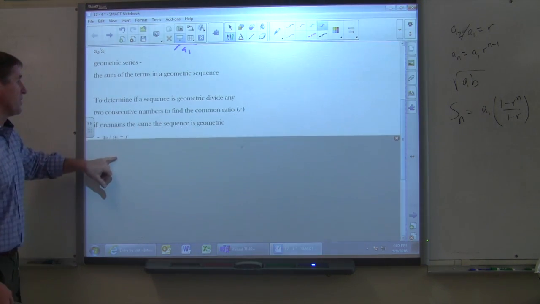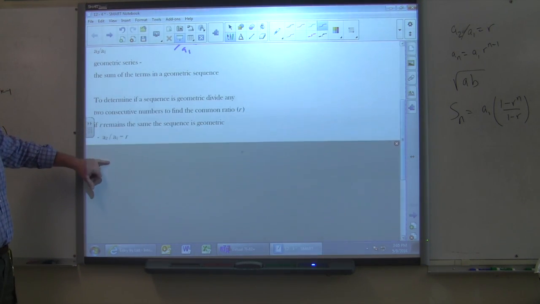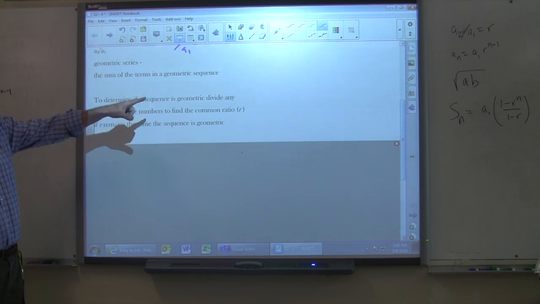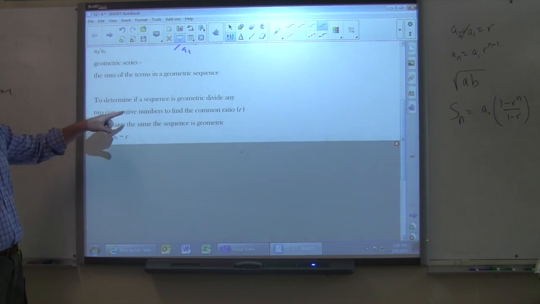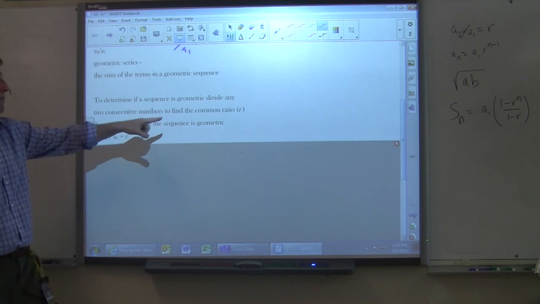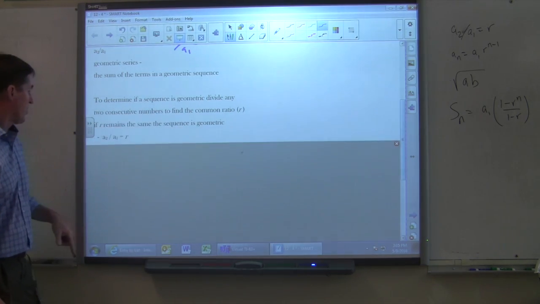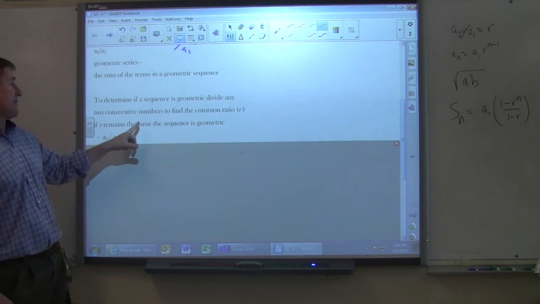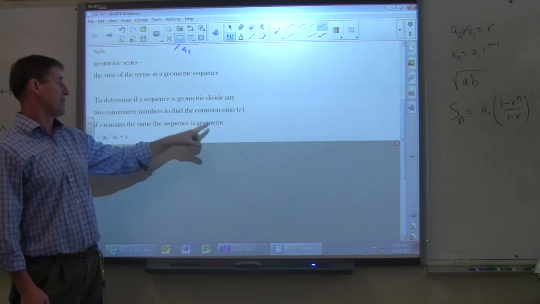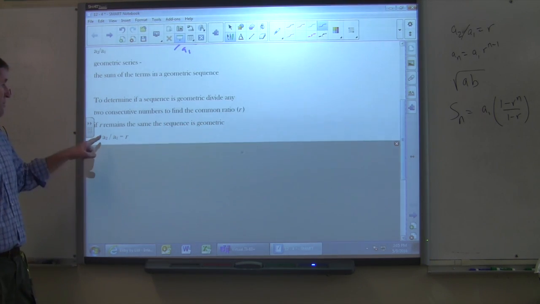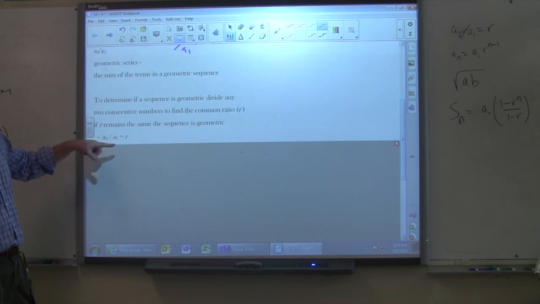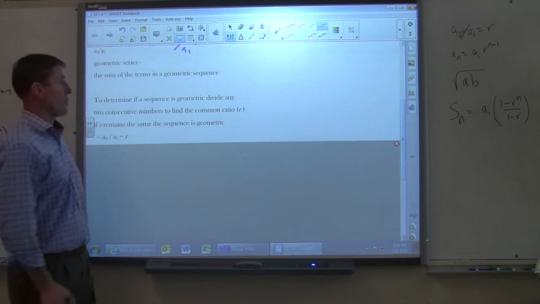So the work we're going to do on this, so to determine if a sequence is geometric, divide any two consecutive numbers to find the common ratio, again the italicized r. If r remains the same, the sequence is geometric. So our first formula we're going to use is a sub 2 divided by a sub 1 equals r.